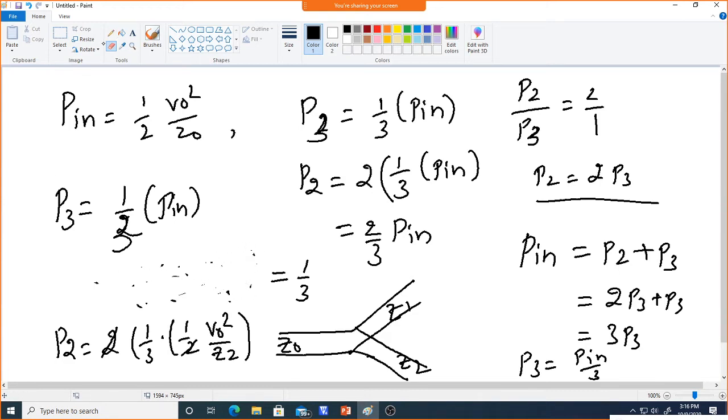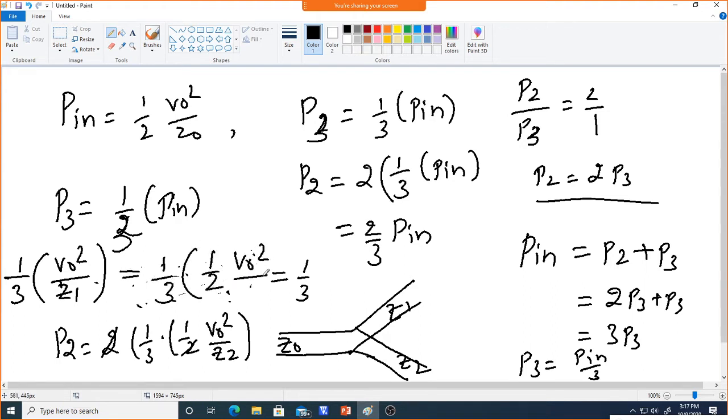So if you equate this equation P3, if you write in terms of the impedance values, that is 1 over 3 into V0 square by Z1, and this will be equal to 1 by 3 into half into V0 square by Z0.